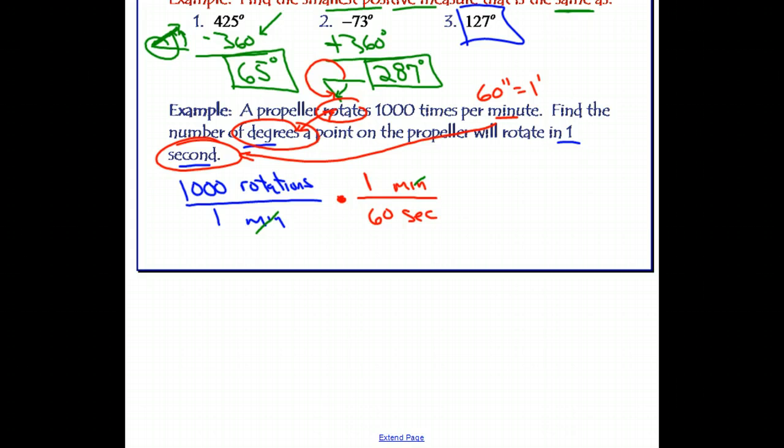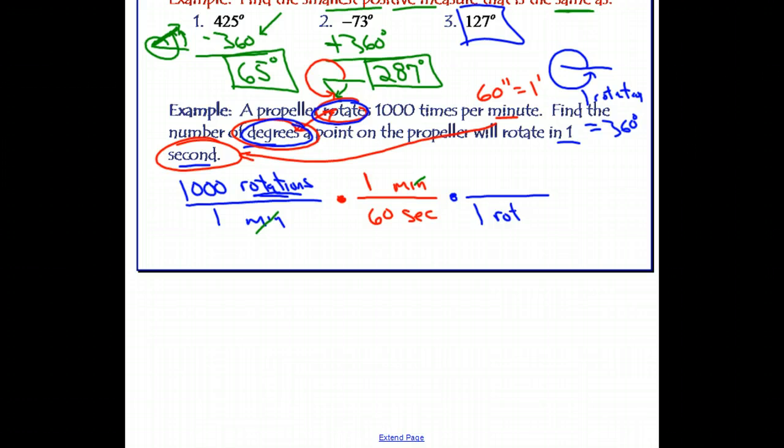Next I need to convert these rotations to degrees. We did that at the very first slide tonight. We said one rotation is 360 degrees. Again, I want to cancel out the rotations, so I put one rotation down here and the 360 degrees up here.